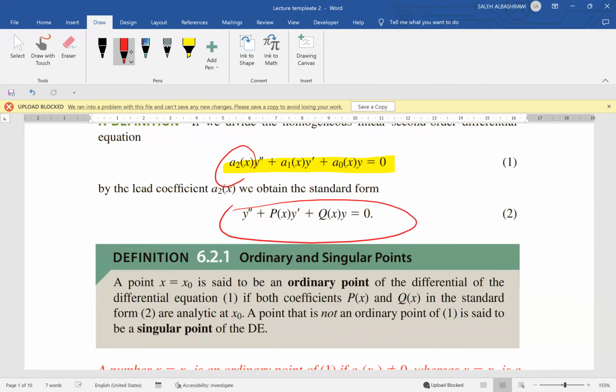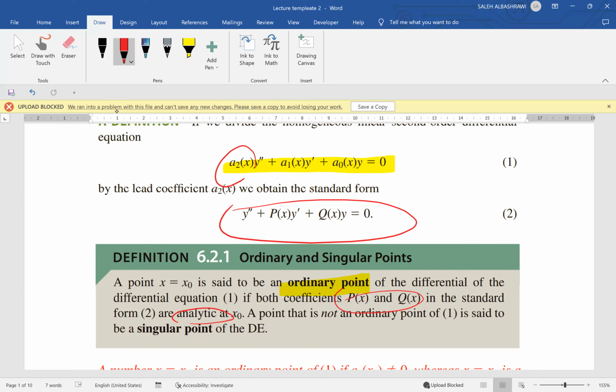A point x equal to x sub 0 is said to be an ordinary point of the differential equation 1 if both coefficients p of x and q of x are analytic, which means differentiable at x equal to x sub 0. If they are analytic, differentiable, continuous at x sub 0, then we call that point an ordinary point.